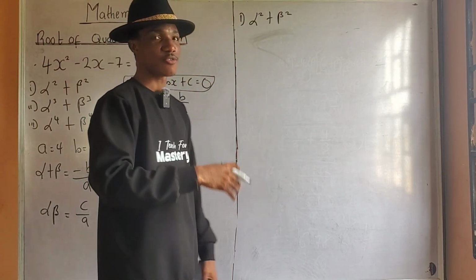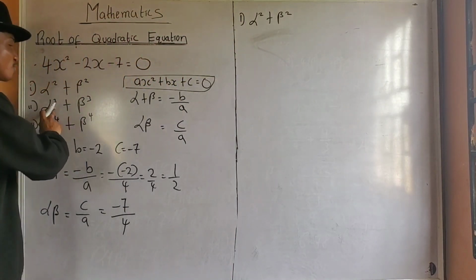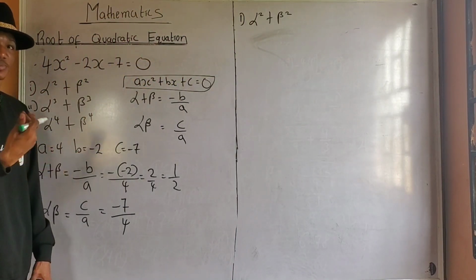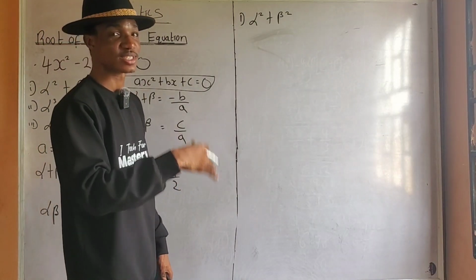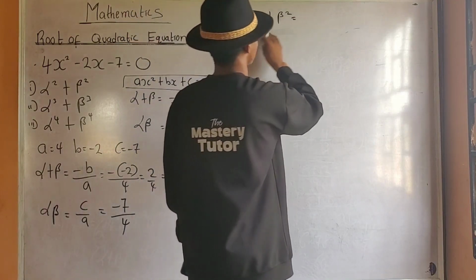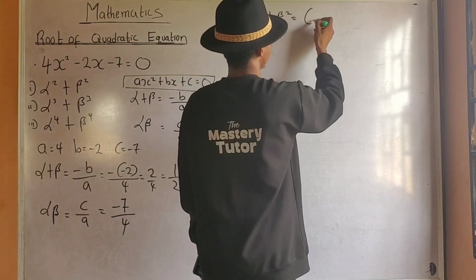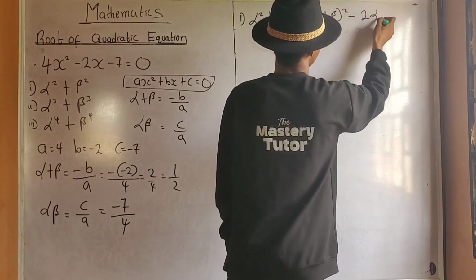You are going to see I've proved this: alpha squared plus beta squared, alpha cube plus beta cube, alpha raised to the power 4 plus beta raised to the power 4, alpha minus beta, and so on. If you want to learn it, you can check the link in the description of this video. Okay, so this alpha squared plus beta squared can be written as alpha plus beta raised to the power of 2 minus 2 alpha beta.